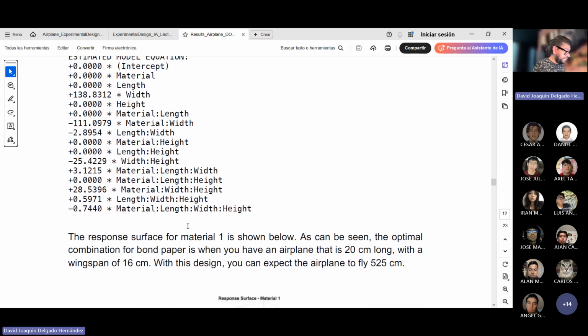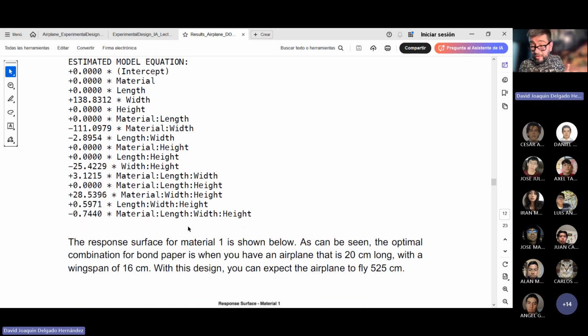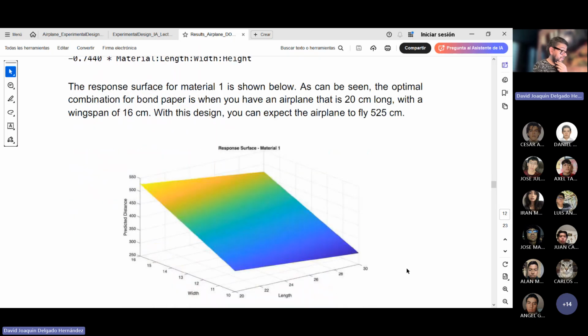And well, I can see now the response surface. The response surface for material 1 is shown below. As can be seen, the optimal combination for bond paper is when you have an airplane that is 20 centimeters long with a wingspan of 16. With this design, you can expect the airplane to fly 5 meters. Okay, and here is the response surface.